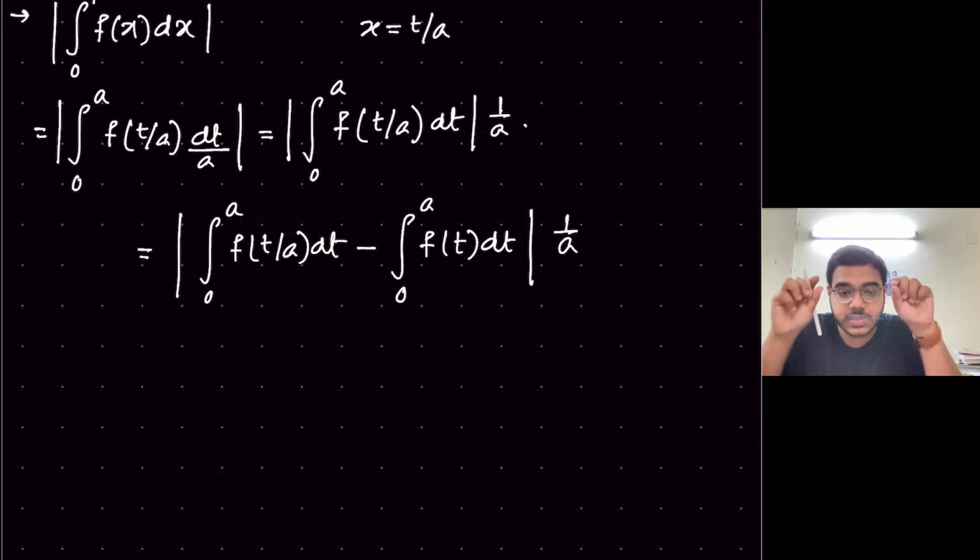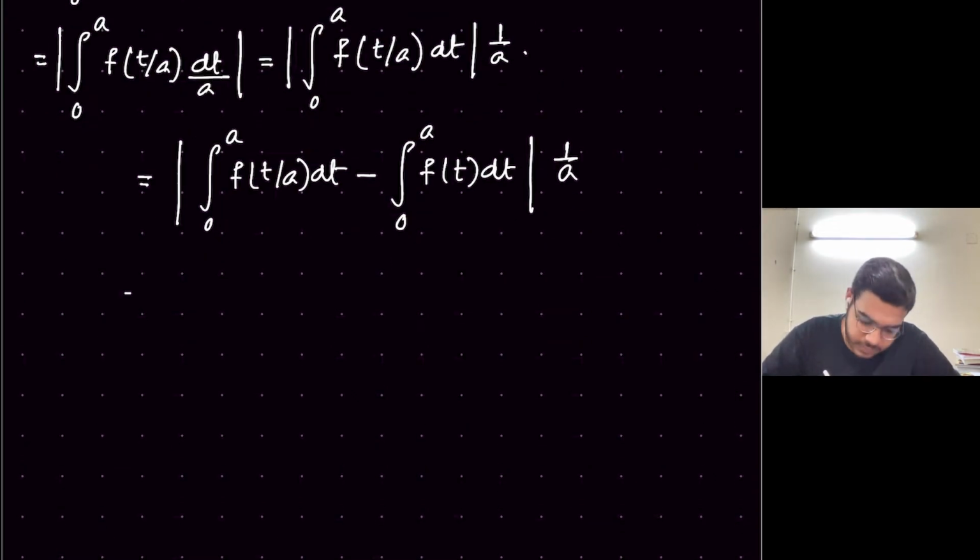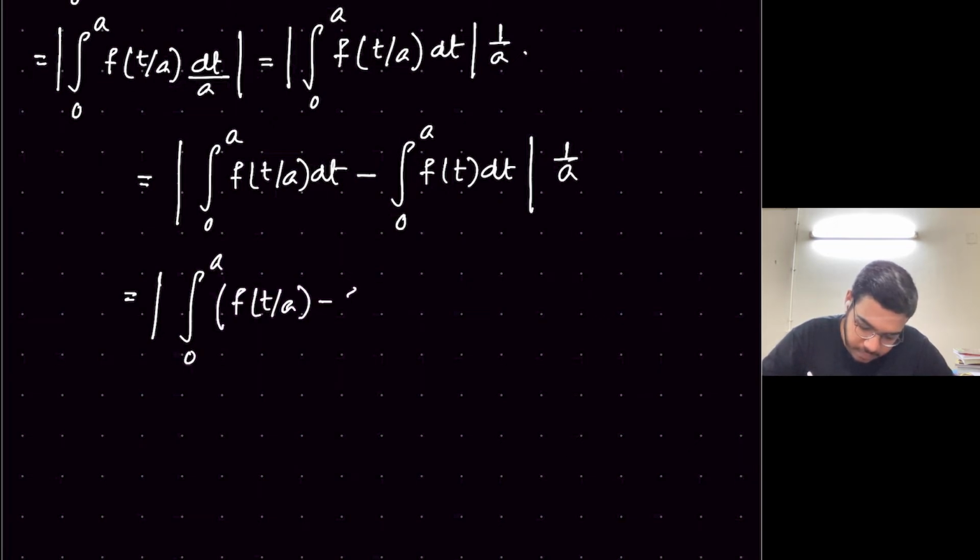Why can we write this? We can write this because the integral 0 to a of f(t) dt is 0. So if you subtract 0 from something, it doesn't matter, right? So this will be minus the integral of f(t) dt times 1 by a.